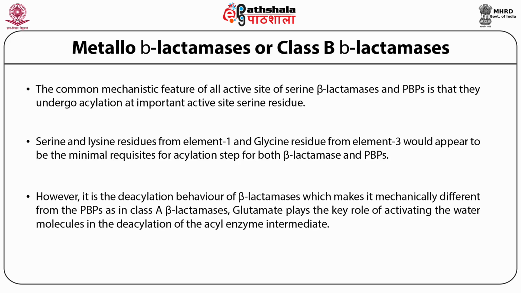However, it is the deacylation behavior of the beta-lactamases which makes them mechanistically different from PBPs, as in the class A beta-lactamases, glutamine plays a role in activating the water molecule in the deacylation of the acyl enzyme intermediate.